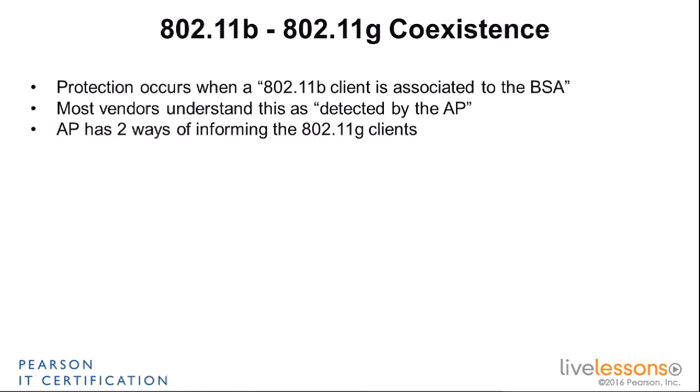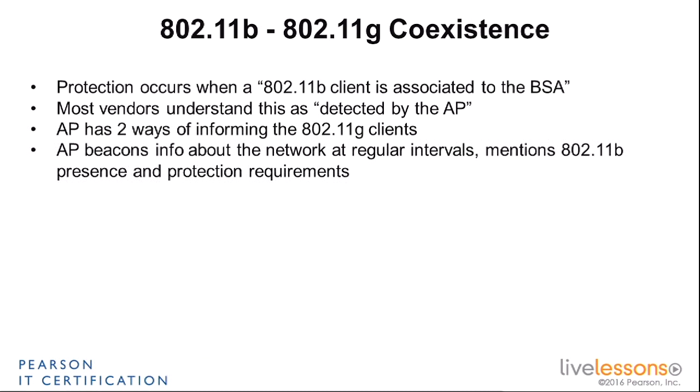And the result is that as soon as there is a B client in the area, the AP is going to inform the clients that there is a B client and that we have to use protection. And it does it in two ways. The first one is in the beacons, the access point is going to mention that there is a B client present. That's one bit in the beacon. And the second bit is going to say, you have to use protection.